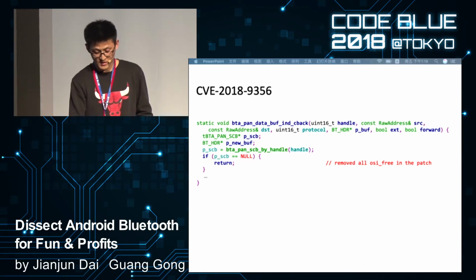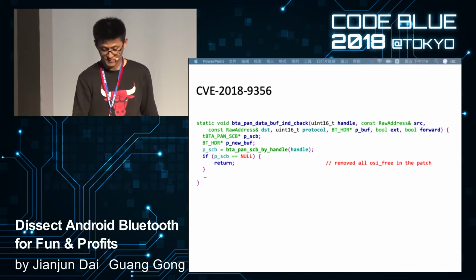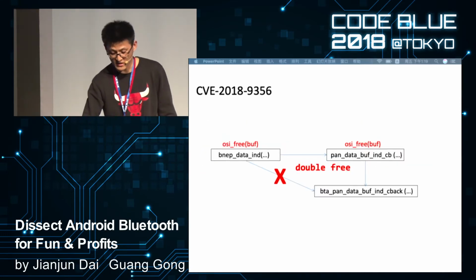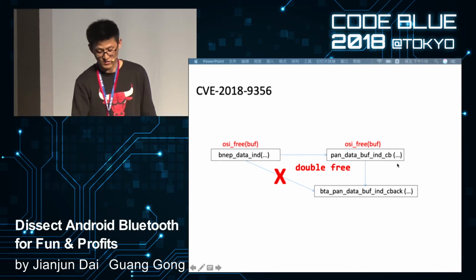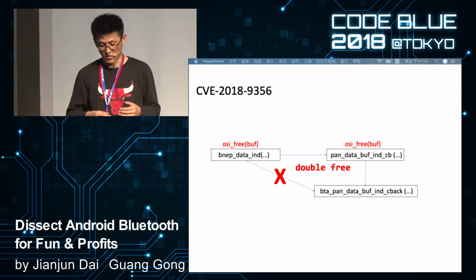Removing them here is meaningless, isn't it? Actually, BTA PAN data buf IND callback is not called by BNEP data IND directly, but instead is called by the PAN data buf IND callback first. I don't know if the engineer who developed the patch or reviewed the patch thought so.